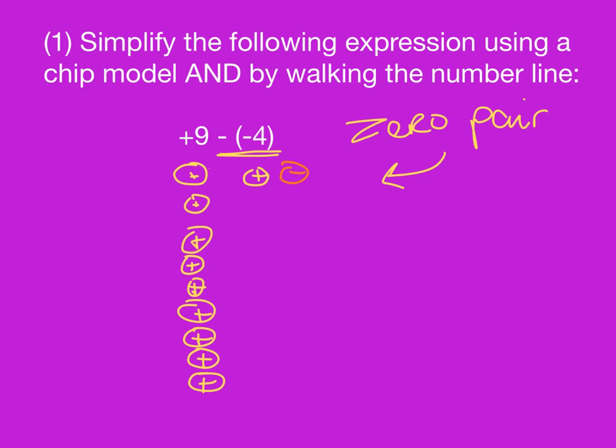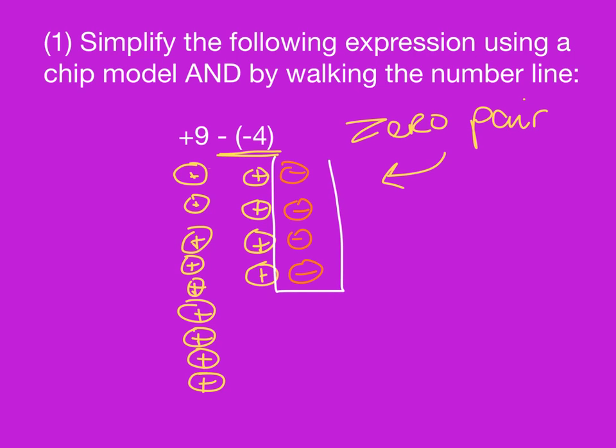But regardless, I now have 1 negative chip. I need 4, so I need to keep adding 0 pairs until I get to 4 negatives. Only have 2. Now I have 3. And here we go. Now I have 4 negative chips to take away.